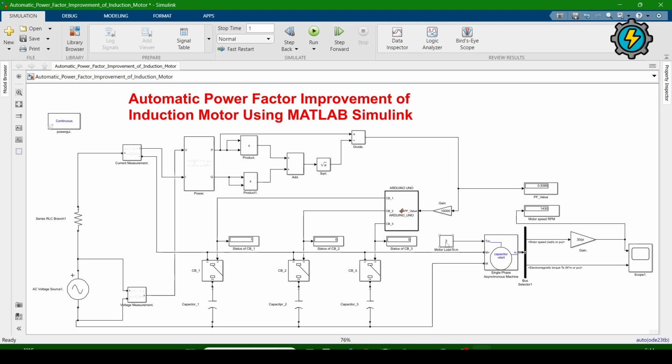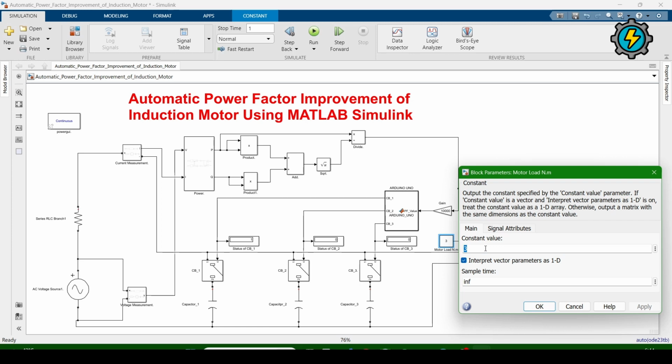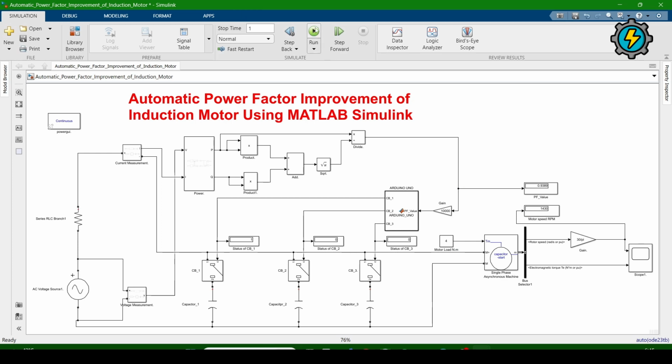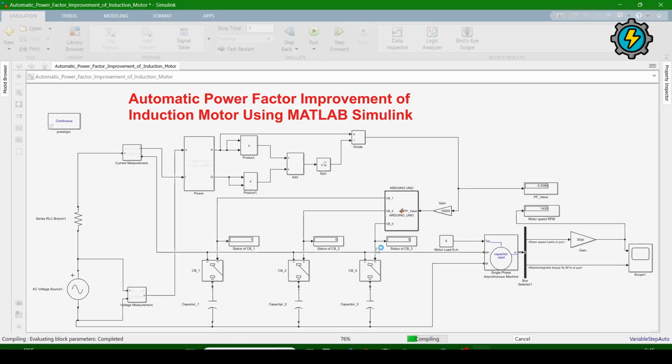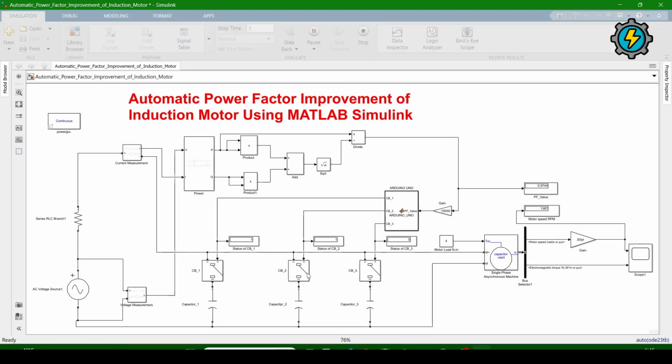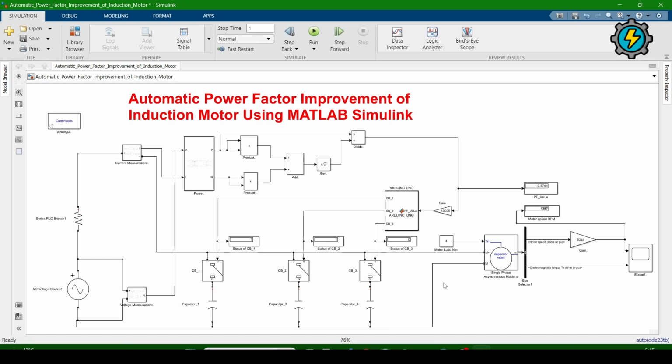So if we increase the load on the induction motor, as now I am giving it a 4 Newton meter load, then click OK. Now run the simulation. Now you will see the power factor. It is understandable that when we apply load on the induction motor, it will drop the power factor.